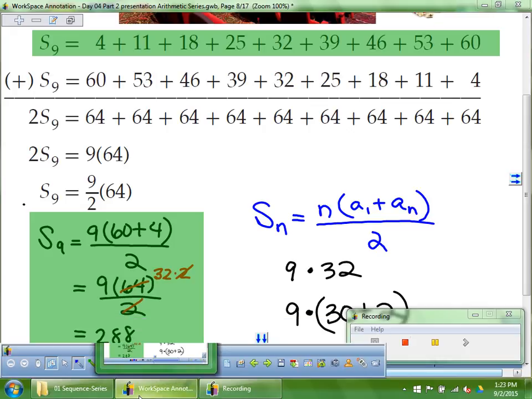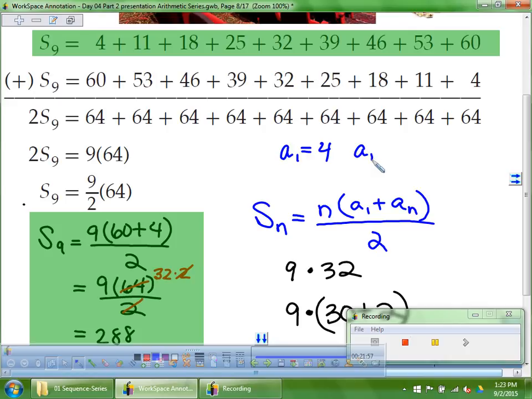Okay, so if I'm using this formula, guys, I need a sub 1, which is my first term, number 4. I need a sub n, Philip. What's a sub n, Philip? Philip, what's my last term?